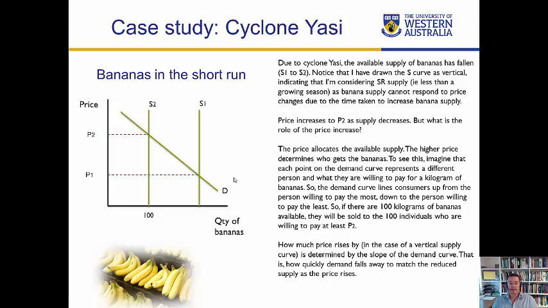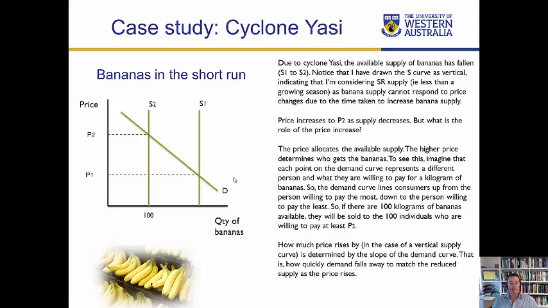Another way of interpreting that is the demand curve for bananas at that time was probably very steep or highly inelastic. Now, if Australians had been willing to cut back their banana consumption quite willingly, then the demand curve would have been much flatter and we wouldn't have needed such a large price increase to restore equilibrium in the market. So keep that in mind.